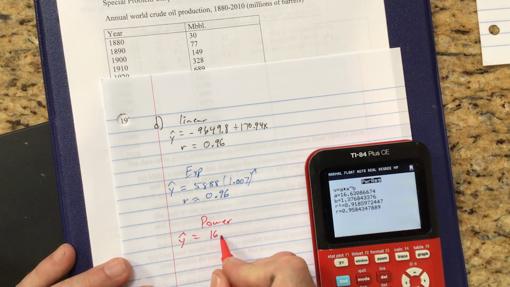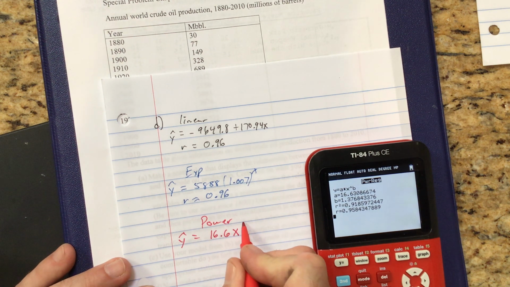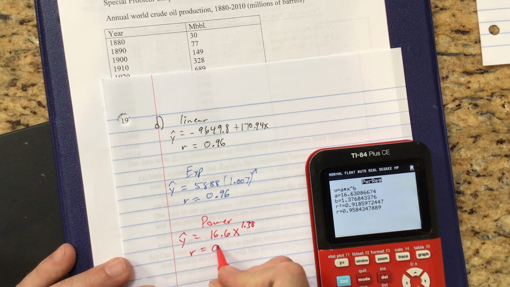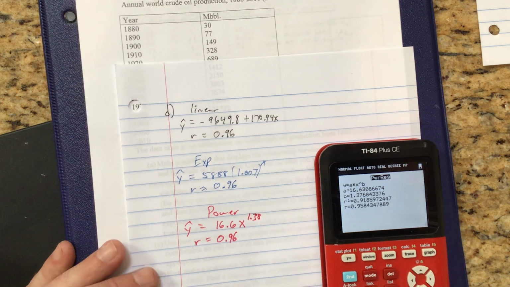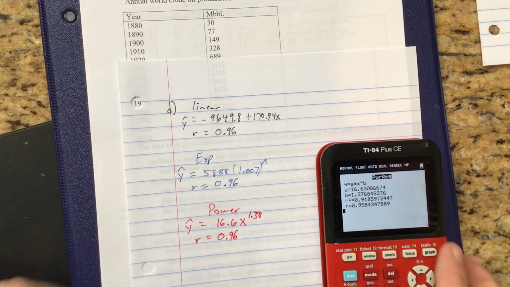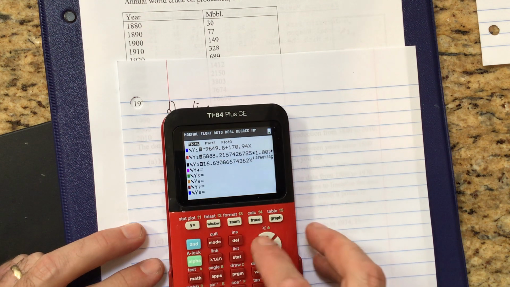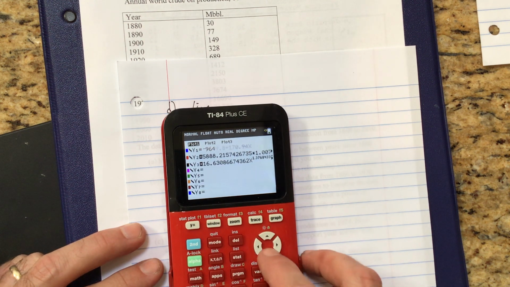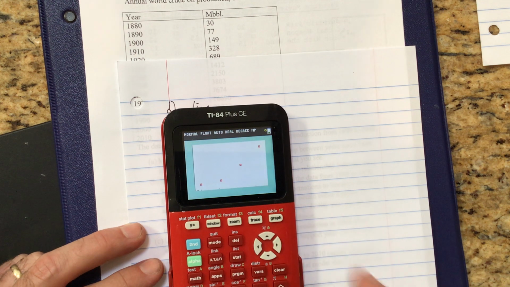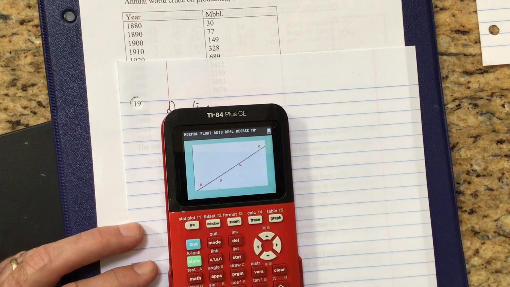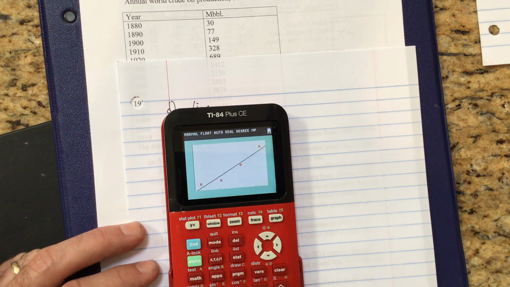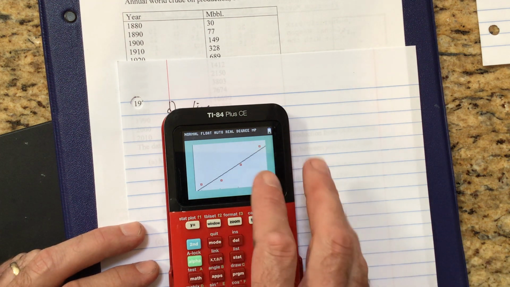Okay, 16.6 next to 1.38 R. So yeah, no clear-cut winner. How about we look at that power graph? Just to make it easier to see, I'm going to get rid of those. Yeah, it's looking a lot like the linear and a lot like the exponential. And again, this is something that happens when I have such a small number of data points, right? I only have 4 pieces of data.